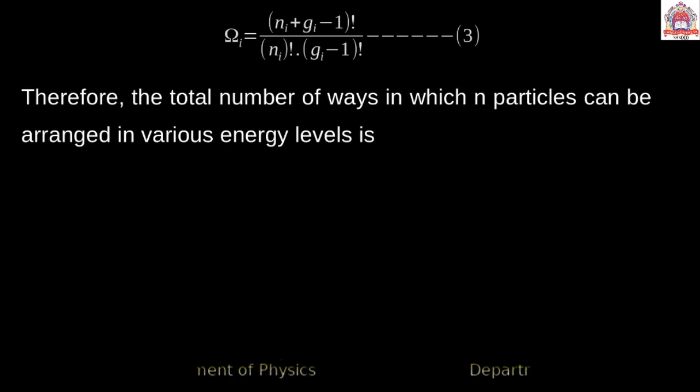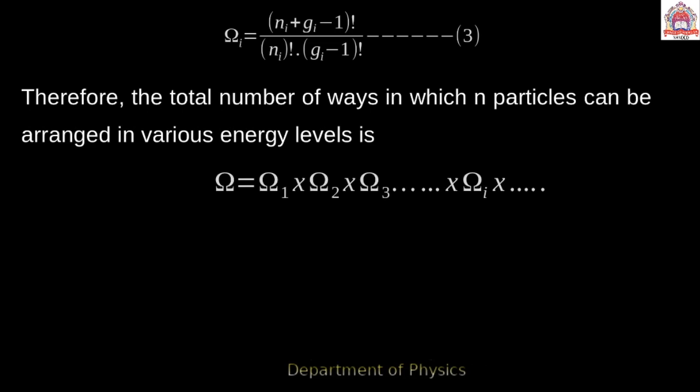Therefore, the total number of ways in which n particles can be arranged in various energy levels is given by the probability equal to probability 1 into probability 2 into probability 3 up to probability I and so on. So substitute the value of probability 1, then second, then third, and take the product, that is the multiplication of terms.